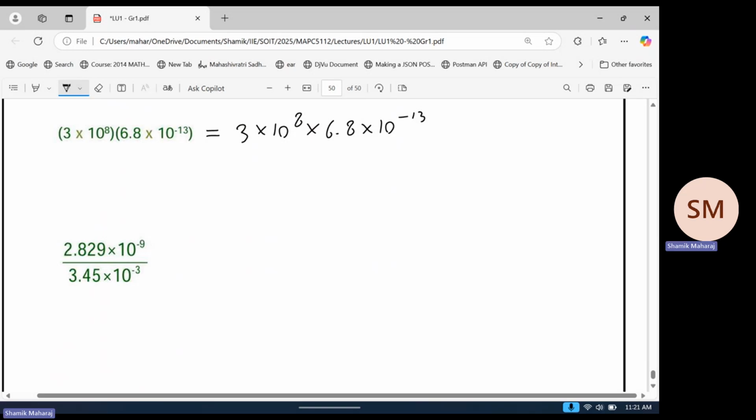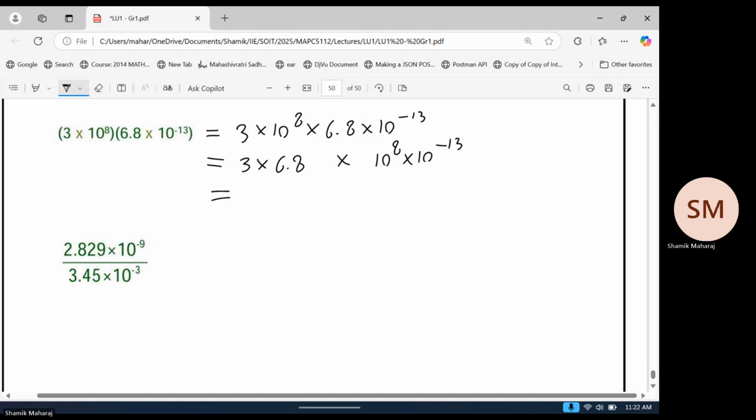From here it becomes easy because we keep the base 10 numbers to the right, and all the other numbers to the left. 3 times 6.8 I'll keep on this side, and on this side we take the 10 to the 8 times 10 to the minus 13. Now we can use exponential rules. This 3 times 6.8, you can use the calculator for that. 20.4.